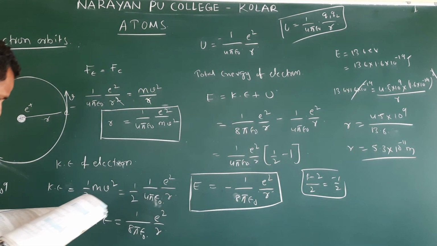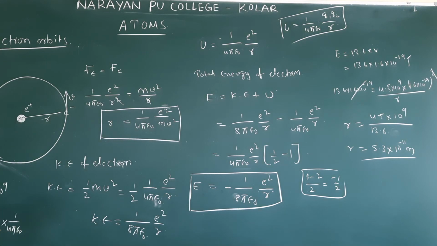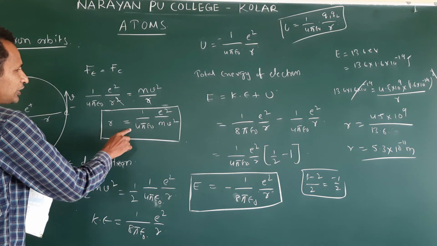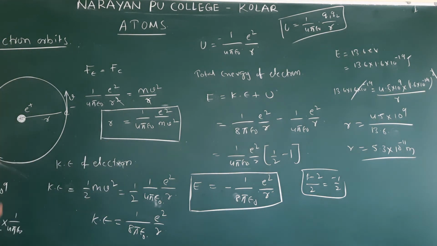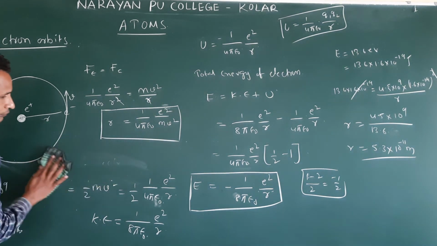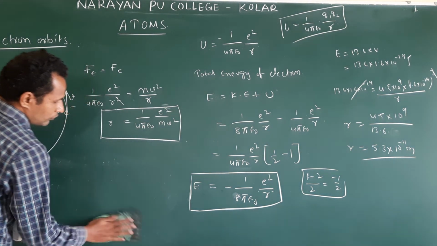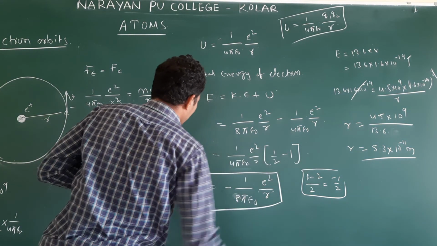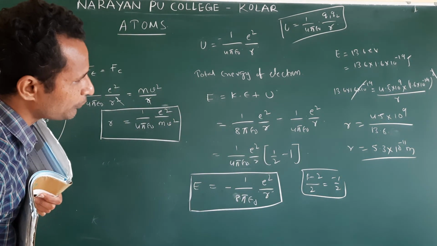Next, what did they ask? What is the velocity of the electron? So we have this relation, right? From this we can find the velocity. Next question is velocity. How do you find velocity? We got R, substitute R here. What is R? 5.3.